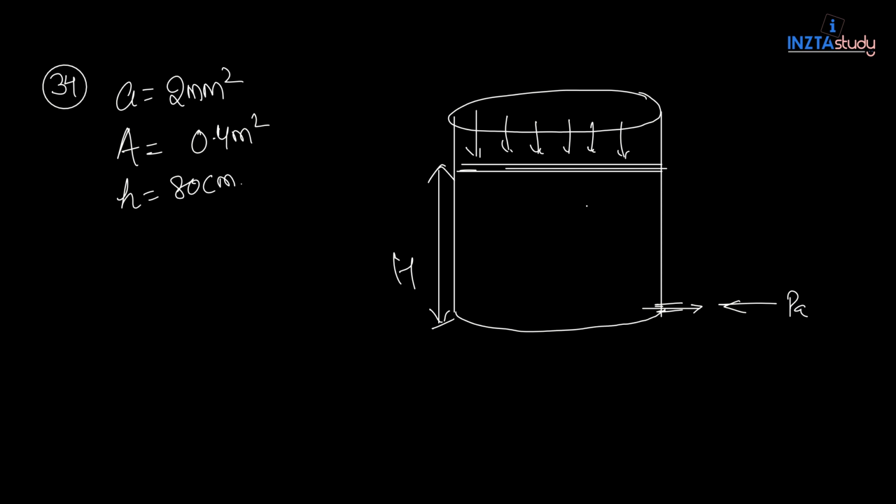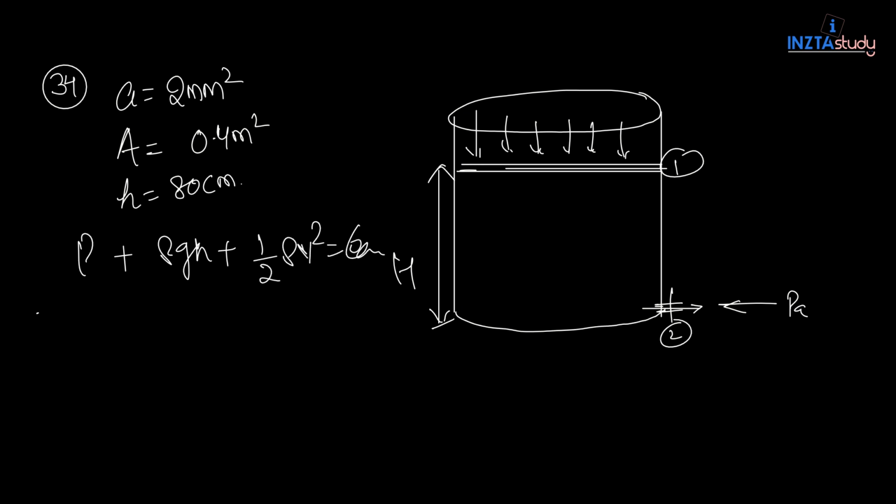Now A, find the initial speed of water coming out of the hole. So we'll apply the Bernoulli principle. Let this be section 1, this be section 2. So we can apply the Bernoulli principle, that is P plus rho g h plus half rho v square is equal to constant. Here the pressure is atmospheric pressure. Let us assume that the speed here is almost negligible, that is 0, and there the pressure is atmospheric pressure.